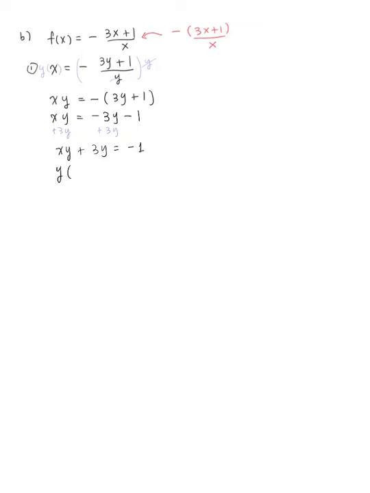So you get y times (x plus 3) equals negative 1. So now what we can do is divide everything by x plus 3. So y equals negative 1 over x plus 3. So I'm just going to claim our f inverse of x to be negative 1 all over x plus 3.